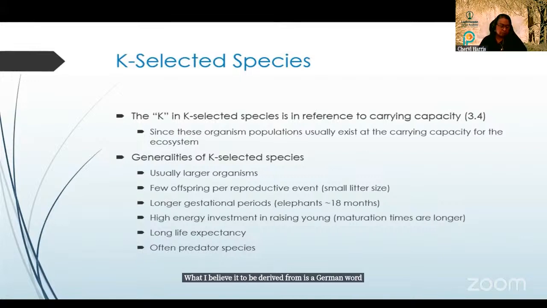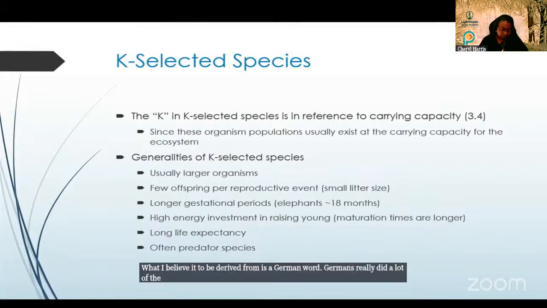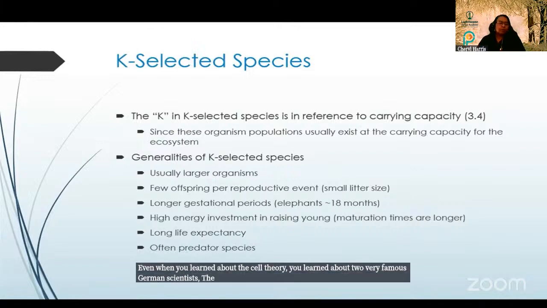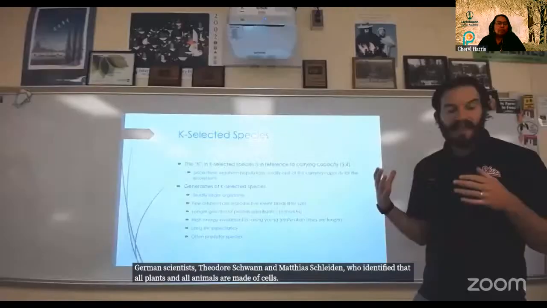Germans really did a lot of the initial research and have a lot of the initial ecological theories established. So a lot of zoology, a lot of ecology is based off of German science. When you learned about the cell theory, you learned about two very famous German scientists, Theodor Schwann and Matthias Schleiden, who identified that all plants and all animals are made of cells. So that's where the K in K-selected comes from.